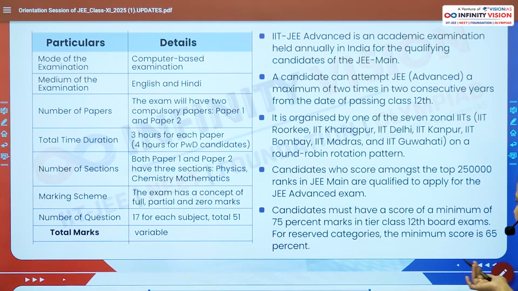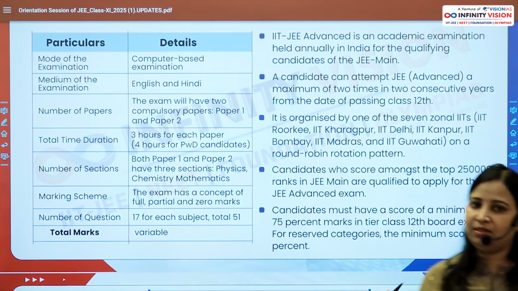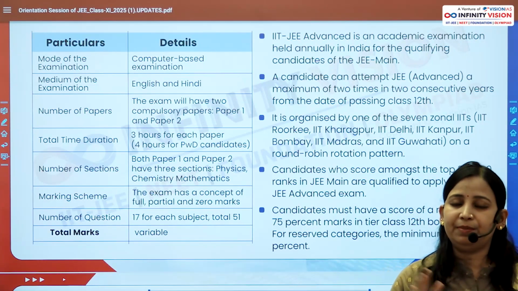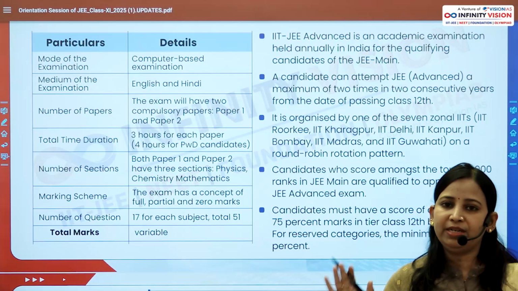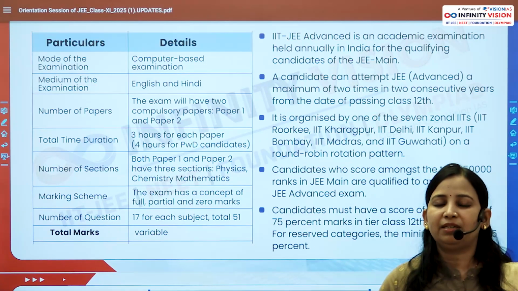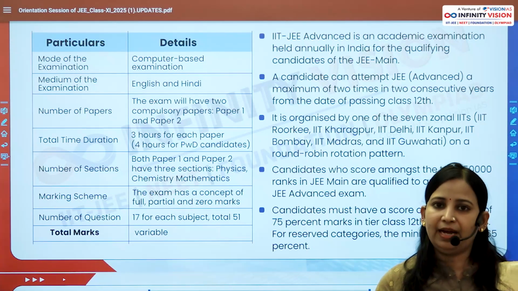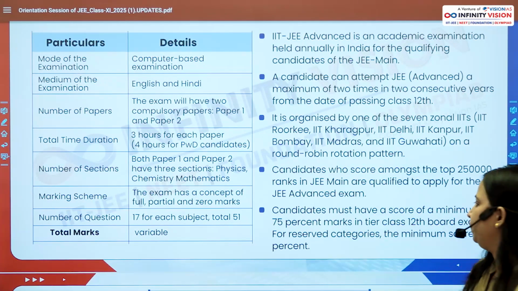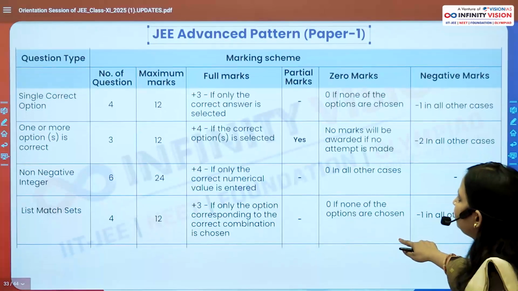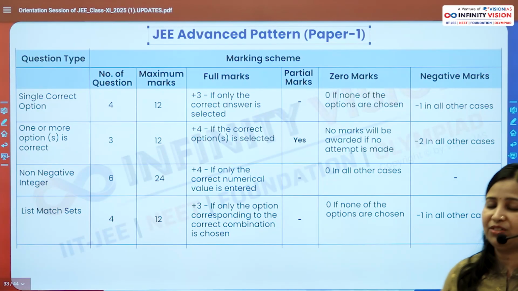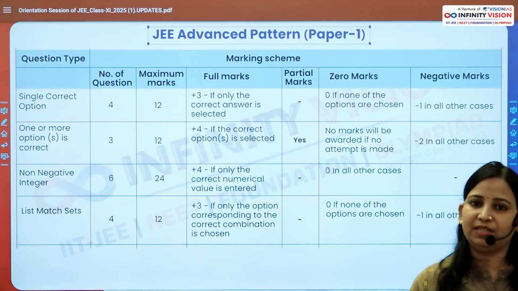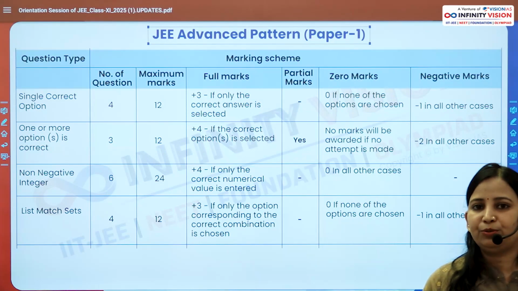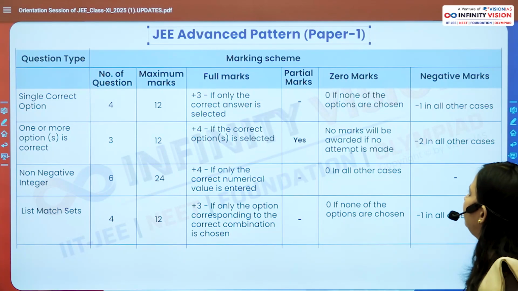Now, what is the other criterion? The candidate must have 75% marks in the 12th board examination. This is the rule for the general category, and for reserved categories this percentage is 65%. So you have to score well in the board exam too, above 75%, then only will you be able to give your JEE Advanced exam.